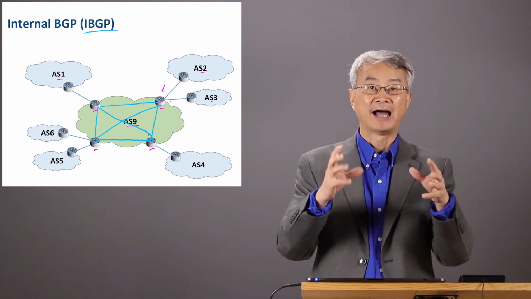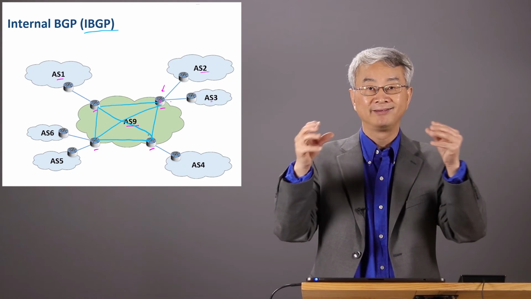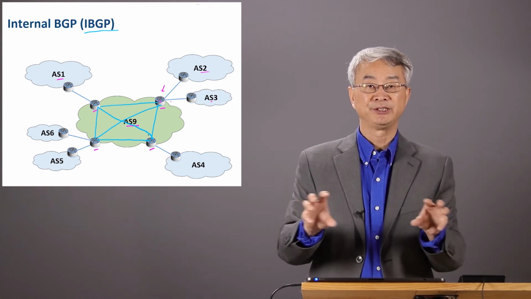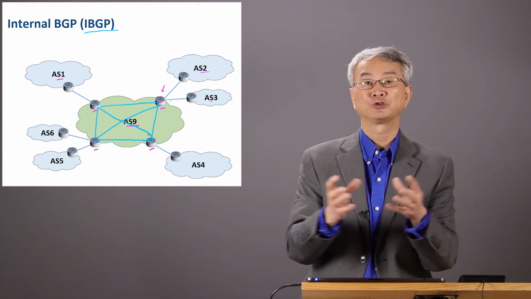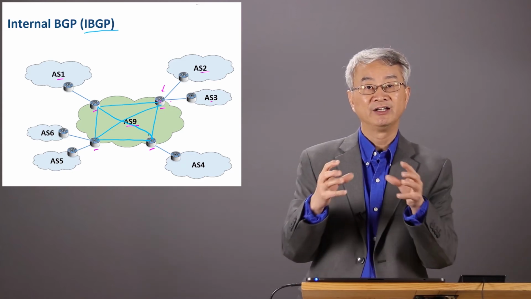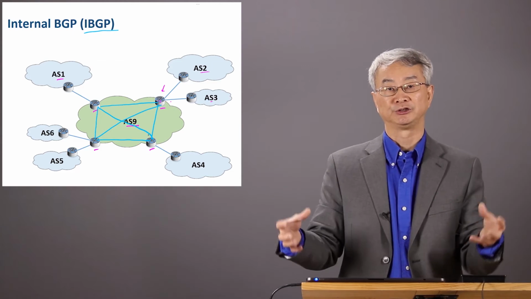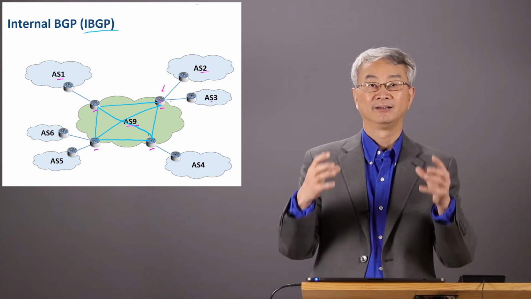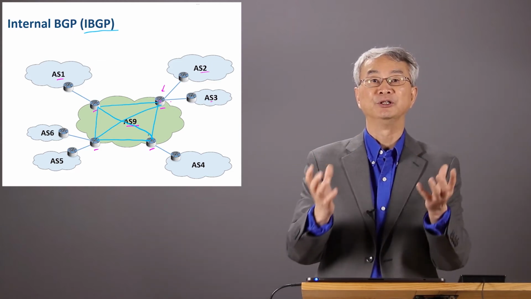And that's called iBGP, really just for the BGP speakers inside the same autonomous system to synchronize with each other. So even though they are in different locations, they're going to actually pool their information together.